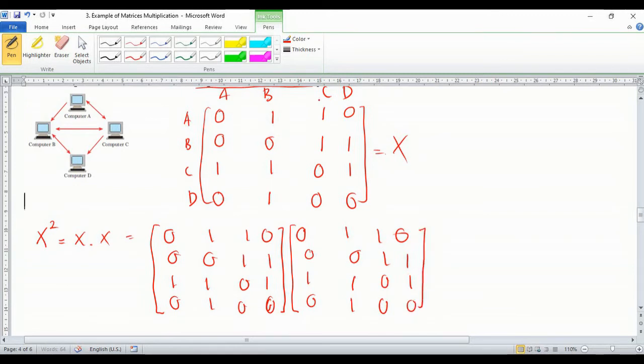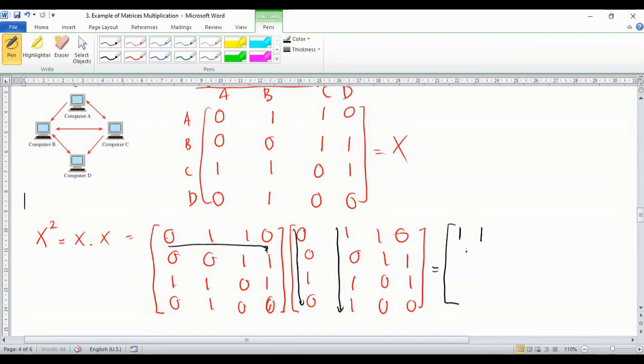So from here we need to remember to multiply the row with the first column. 0 times 0 is 0, 1 times 0 is 0, 1 times 1 is 1, plus 0, so this is 1. And then the first row with the second column: 0 times 1 is 0, 1 times 0 is 0, 1 times 1 is 1, 0 times 1 is 0, so this one is 1.